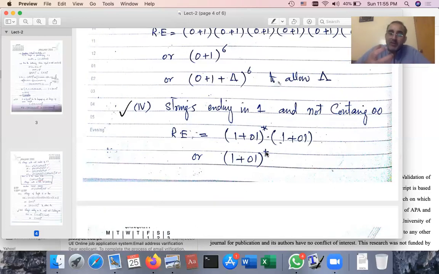Because if I can produce null as a string from this regular expression, then null is not a string which is ending at 1, so it is an illegal string. So that's why I am writing plus here, just to remove the null string from this one.